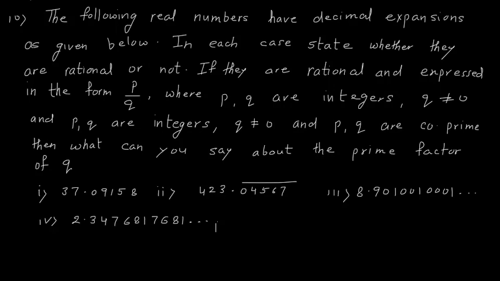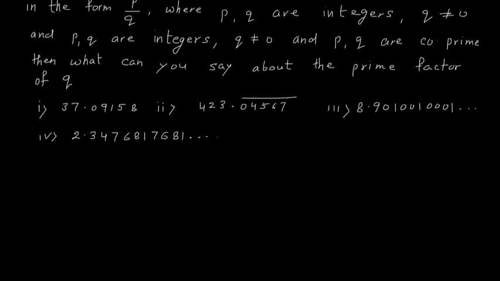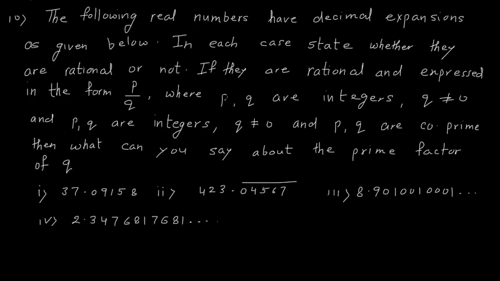is a terminating decimal. Now 37.09158 is a terminating decimal. So it can be expressed in the form of P upon Q. So we have to, if they are rational and expressed in the form of P upon Q, where P, Q are integers, okay.